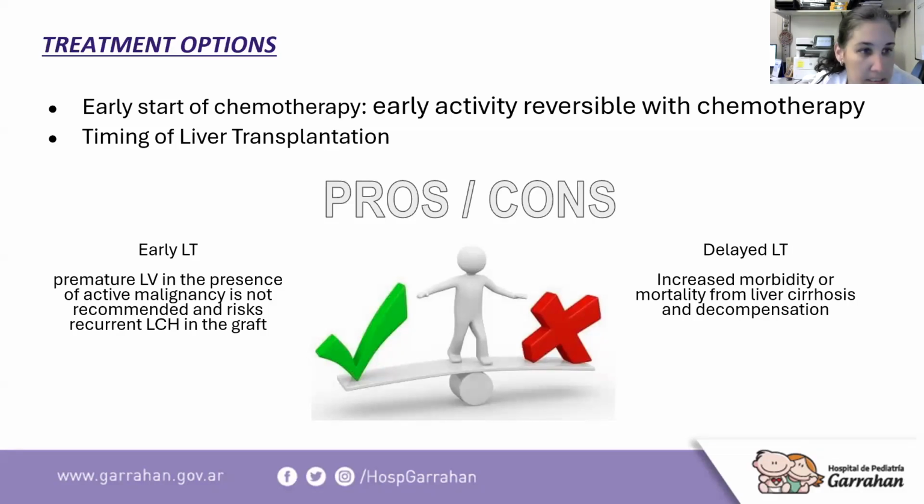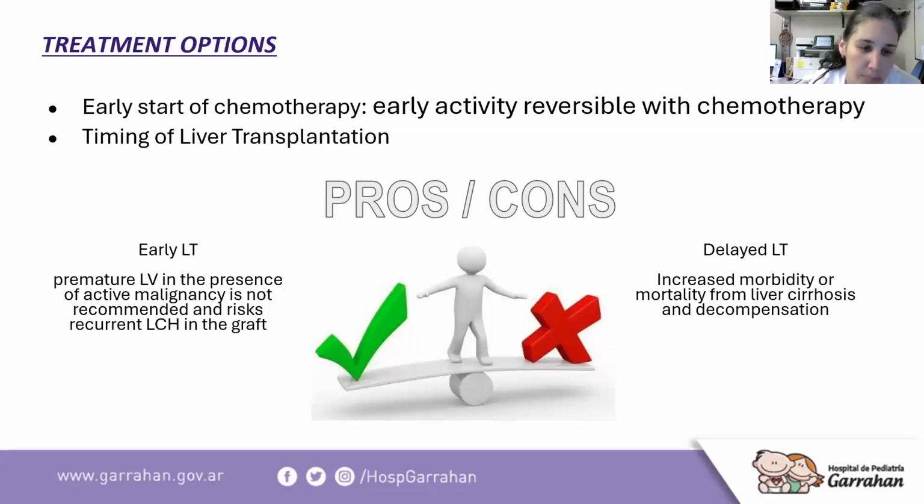And this is a rather difficult question because we do have pros and cons according to the time of the transplant. If we do it too early, then we might do the transplant when there still is an active malignancy, and it's not recommended due to the risk of recurrent LCH.